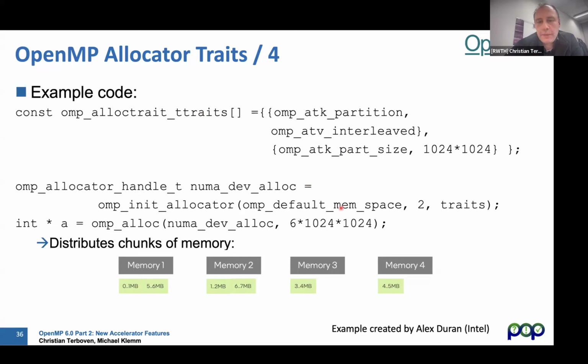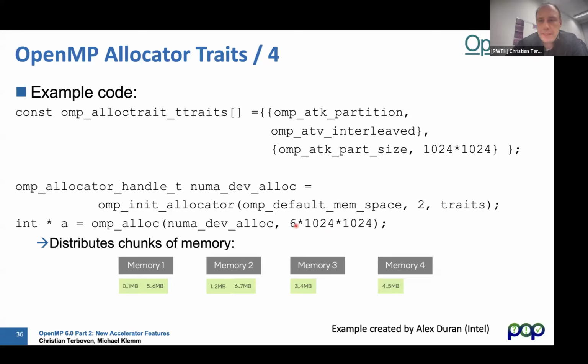In this simple example, it's the default memory, typically the DDR memory, and specify 2 traits. There's an empty space missing here, sorry for that. And then allocate a data structure named A. And in my example, this data structure is 6 megabytes in size.